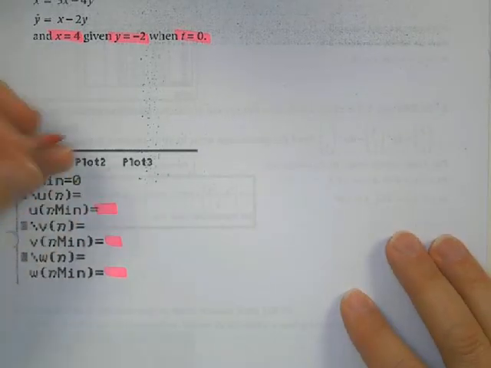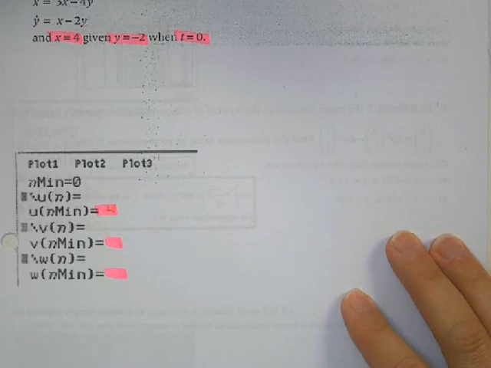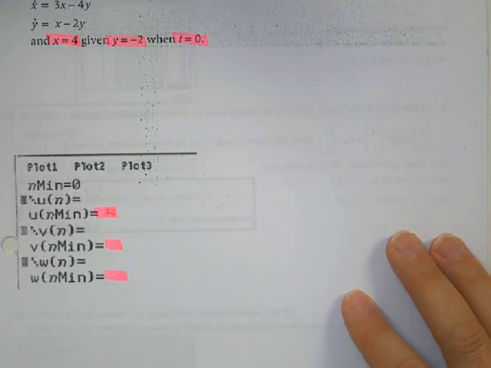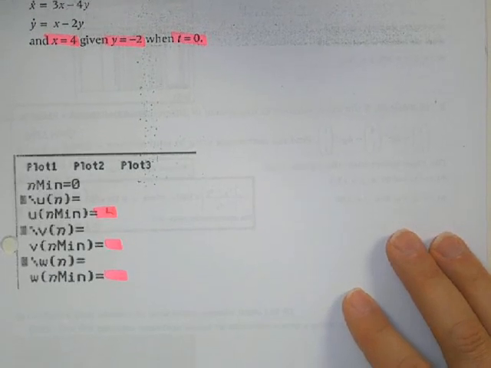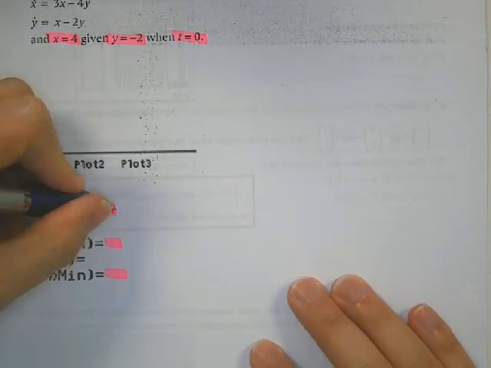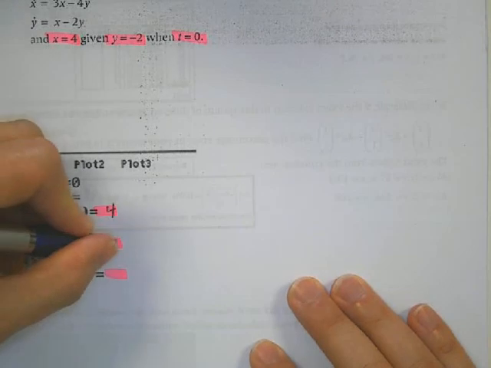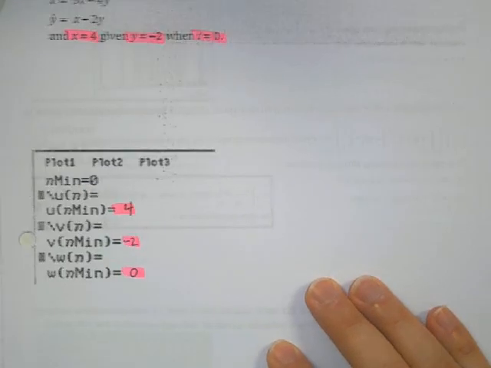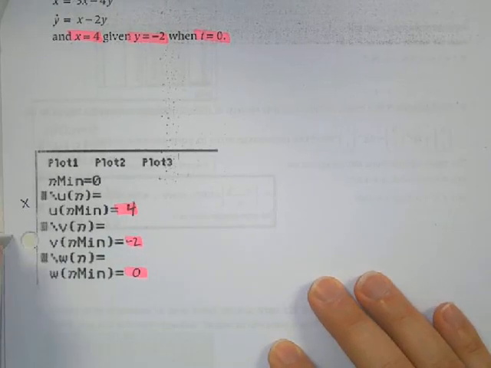So 4, -2, and 0. This is my x, this is my y, this is my t.